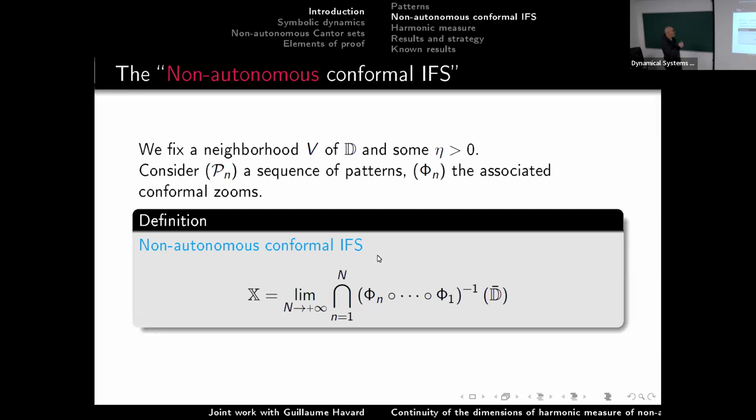Now, when we have a sequence of patterns, we can define in the usual way the Cantor set that goes with the IFS, the iterated function system. The term non-autonomous means that I don't use the same pattern all the time. I allow myself to change patterns.